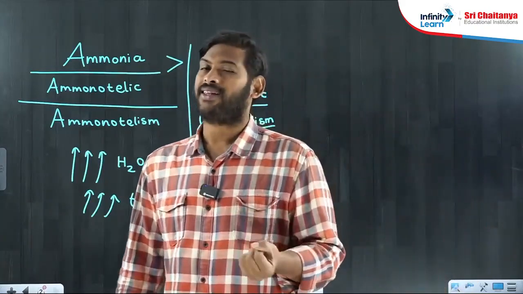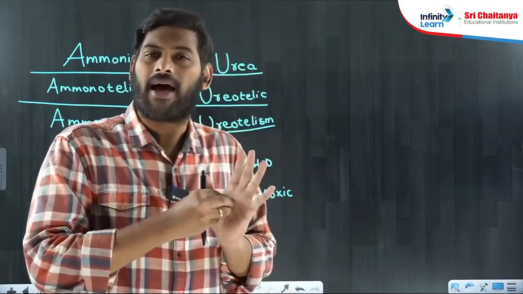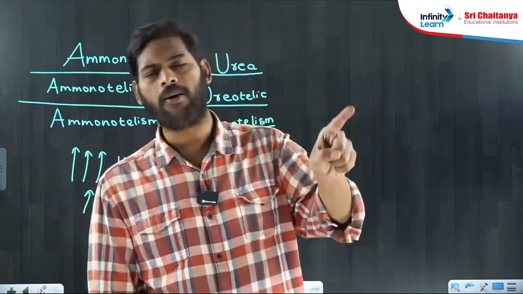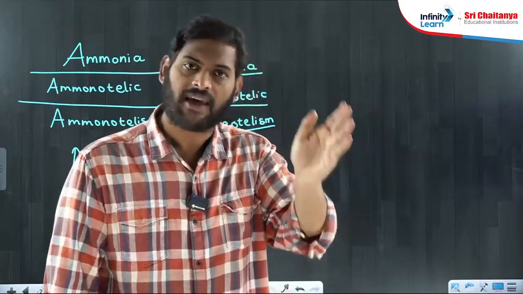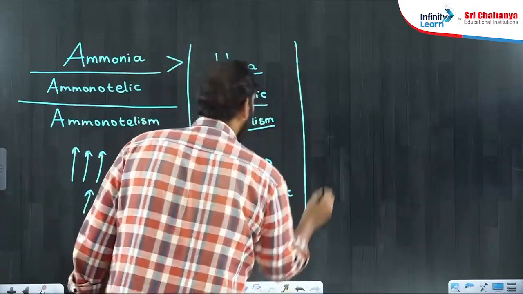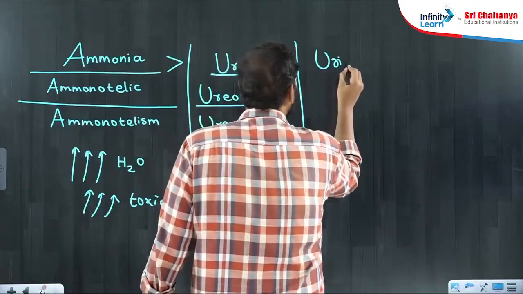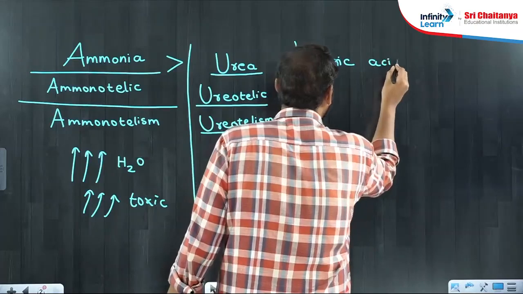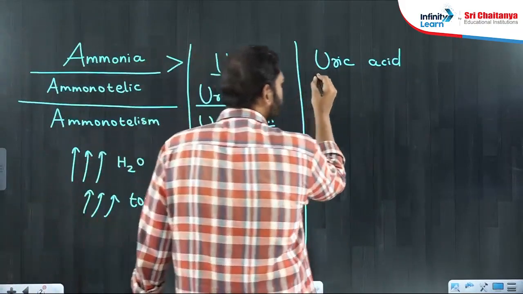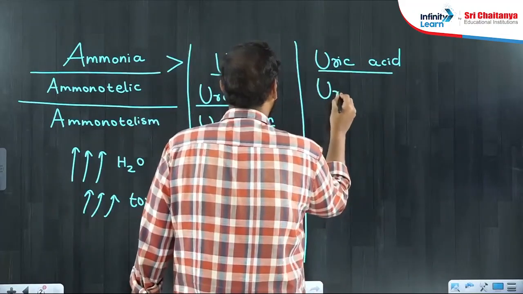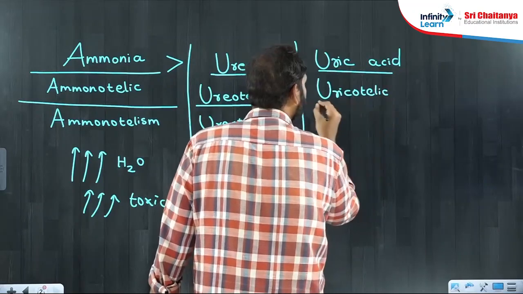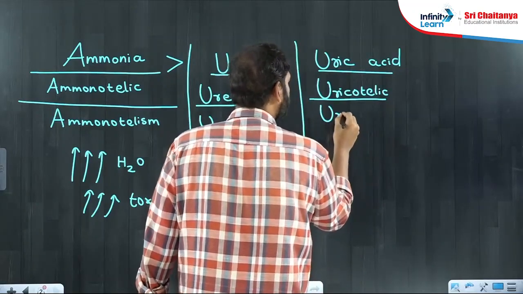Therefore, their liver and kidneys have adapted a mechanism in which ammonia becomes urea and urea becomes even lesser toxic waste. What was that least toxic waste which animals excrete? That was uric acid. Now, animals which excrete uric acid were referred as uricotelic animals, and this phenomenon was referred as uricotelism.